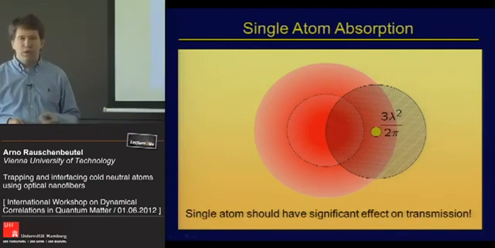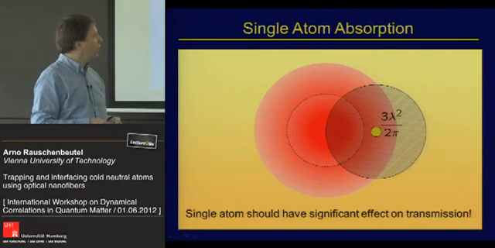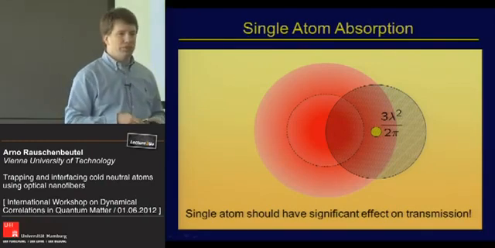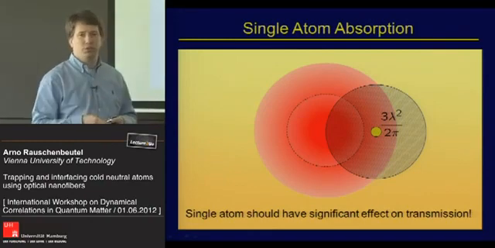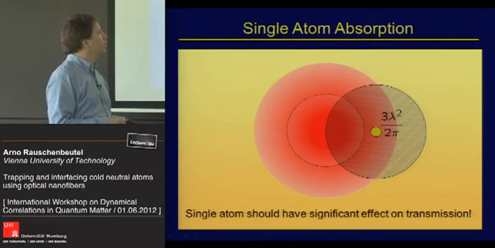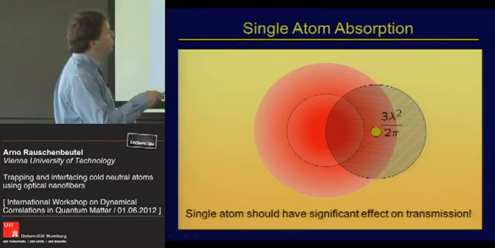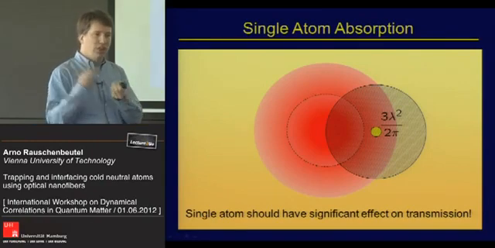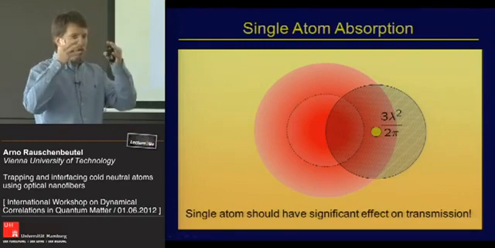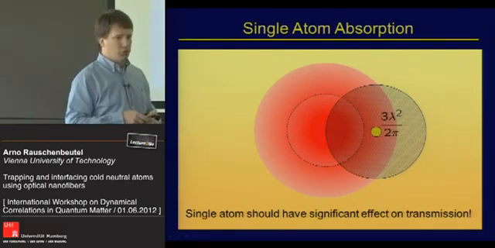Okay? But in order for this picture to be correct, you would need the atom to behave as if it was in free space, because this 3 lambda squared over 2 pi is the radiative interaction cross-section. So in particular, you would need to keep this atom away from the surface, because if it was absorbed on the surface, it would be heavily perturbed, it would be quenched much faster, and so this interaction cross-section would be much, much smaller.